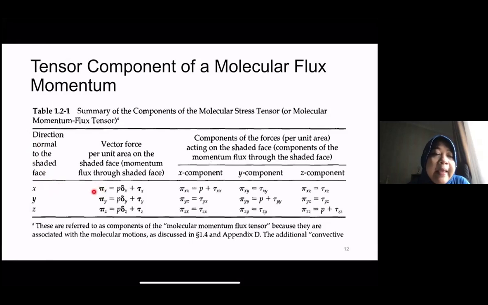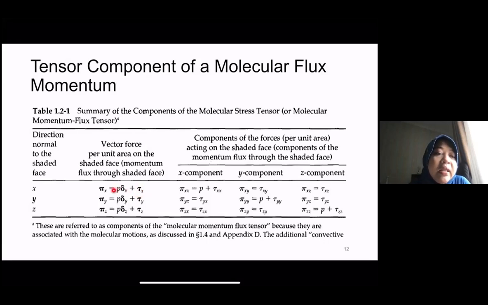This is the bold one, tanda tebal, that means actually the tensor. And then this is equal to P, which is the pressure, multiplied with the Kronecker delta, and then this one tau x.